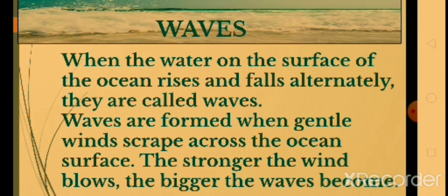As a result, tsunamis, which may be as high as 15 meters, are formed. The largest tsunami ever measured was 150 meters high. Now, these waves travel at a speed of more than 700 kilometers per hour. The tsunami of 2004 caused widespread damage in the coastal areas of India. The Indira Point in the Andaman and Nicobar Islands got submerged after the tsunami.